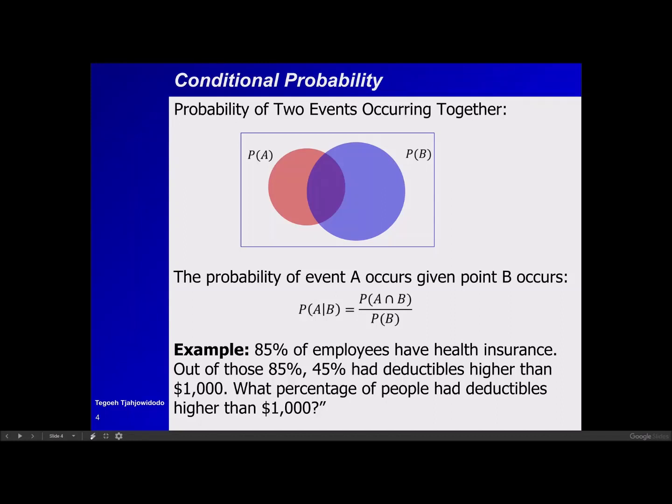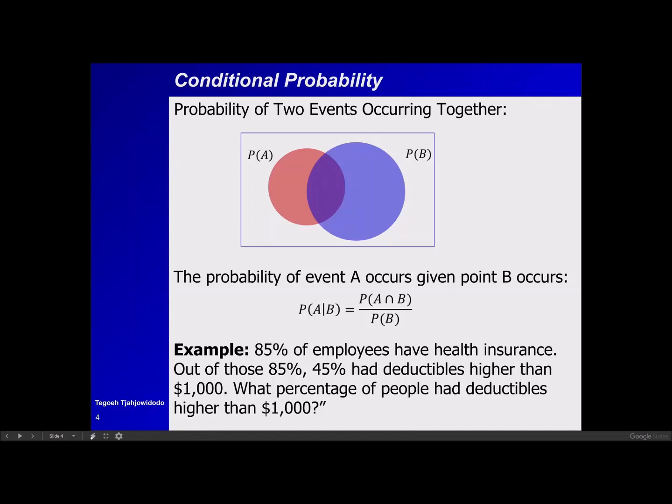In that case, let's consider 85% of employees having health insurance as event B, and 45% of this 85% is event A given event B, because the 45% out of this 85% is an event inside another event.